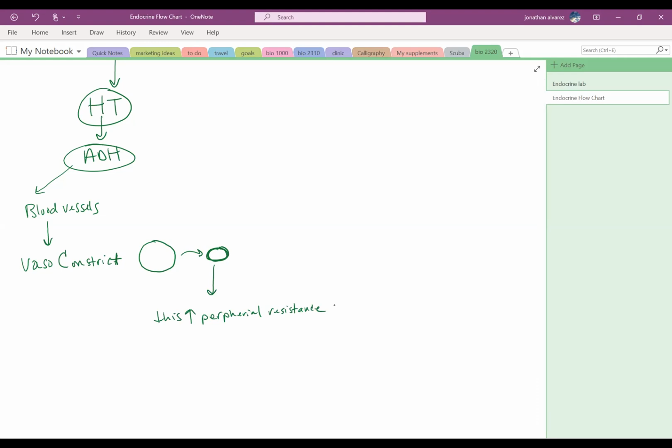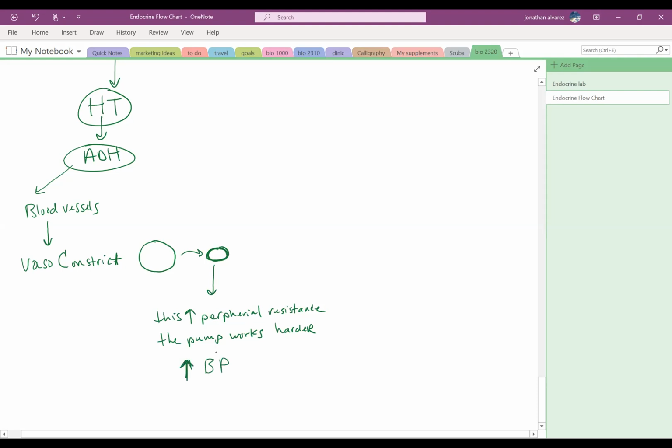When you increase peripheral resistance, this makes the pump work harder. And the way we say that is it increases the blood pressure.